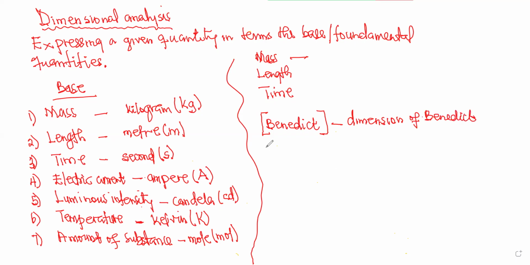The dimension of mass must be put into a square bracket to denote that this is the dimension of mass, and it is represented by capital M. The dimension of length is represented by capital letter L. The dimension of time is represented by capital letter T.